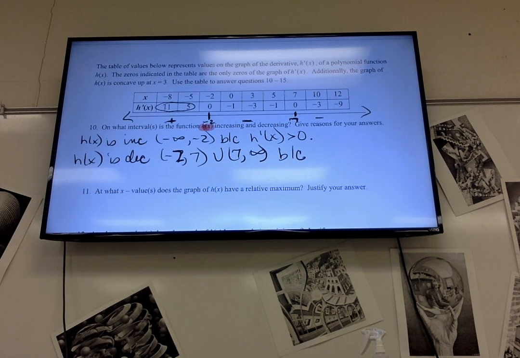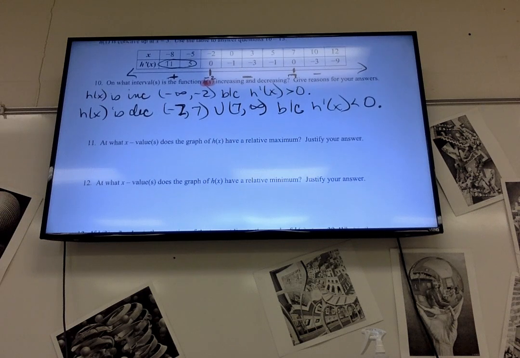Because h prime of x is less than 0. The other one was greater than. Decreasing, okay. Very good. At what x value does the graph of h of x have a relative maximum?